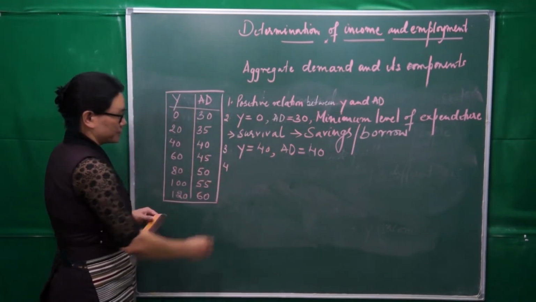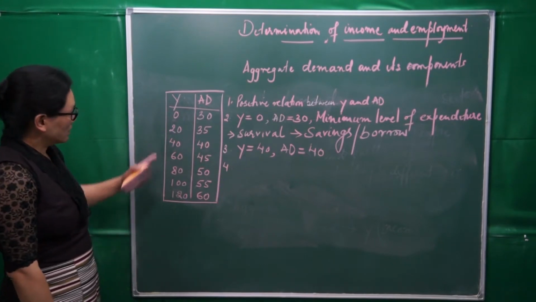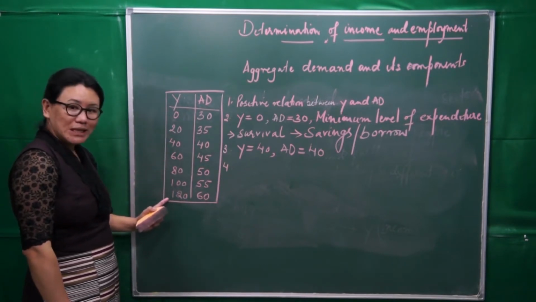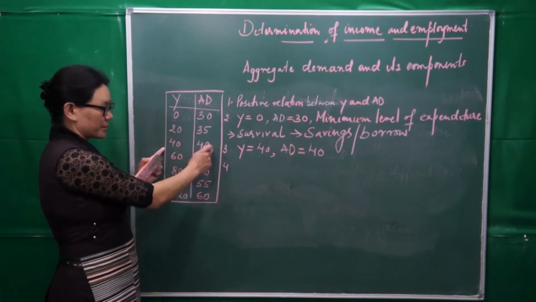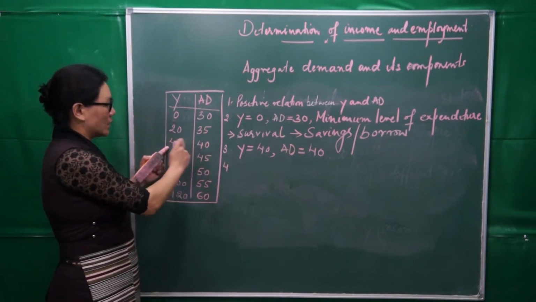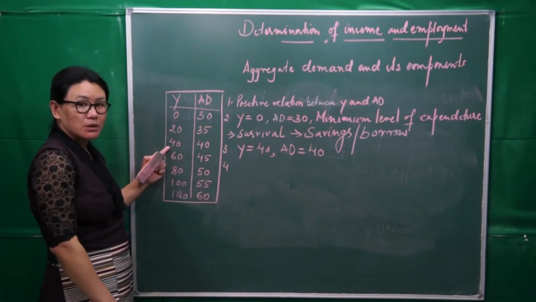Fourth one. Now, we saw an increase in income, right? So up to here, it shows equality between these two.